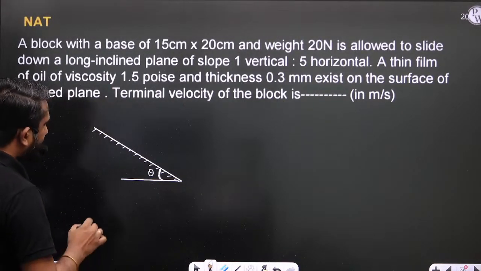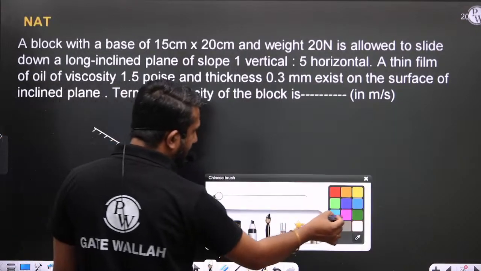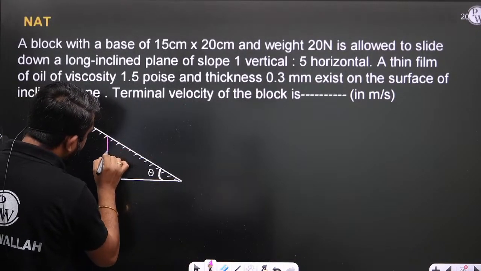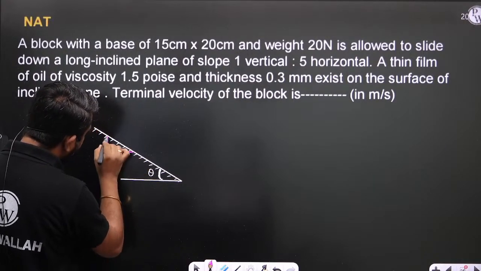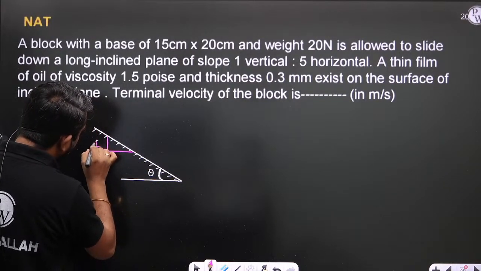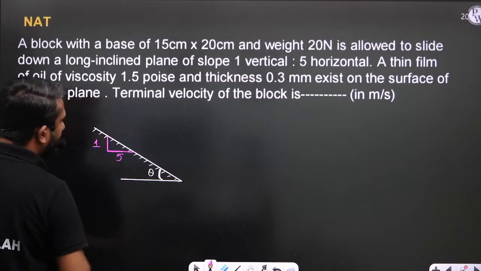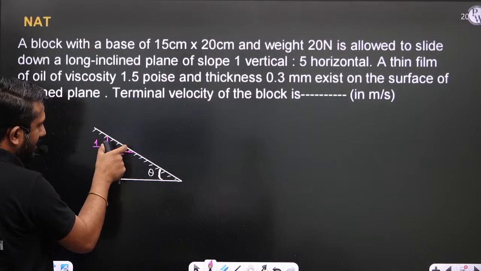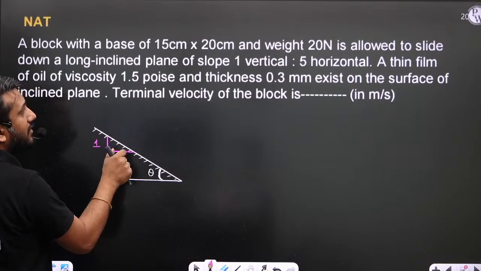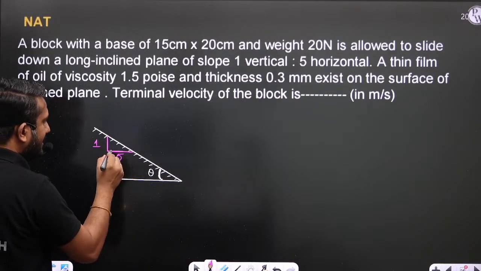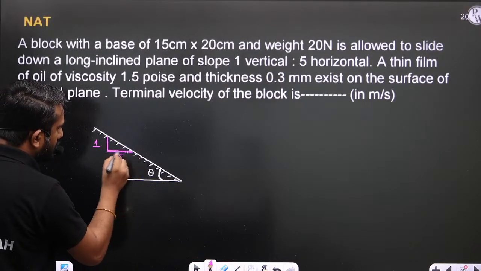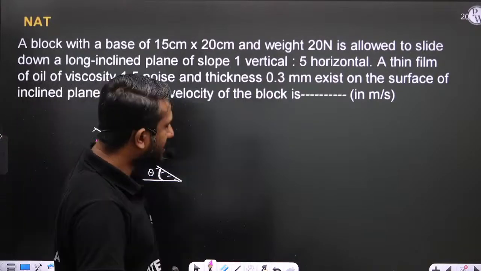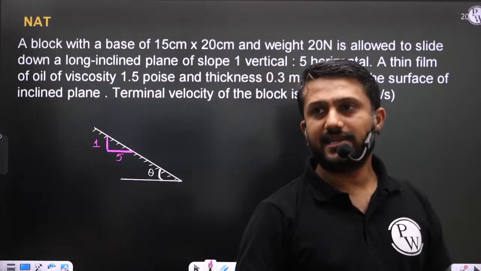That means this horizontal is 5 and this vertical is 1. So you can easily calculate theta.